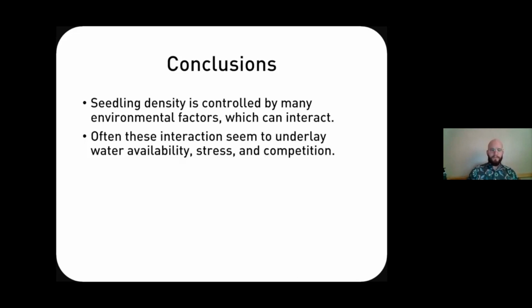And then also that these interactions seem to underlie water availability and stress and competition for resources. So there's this pull between having enough resources to grow, but also not having so many resources that competition is too fierce for trees to survive.